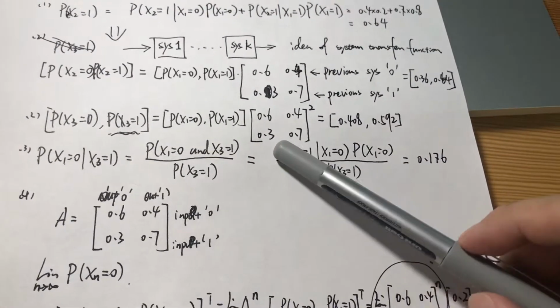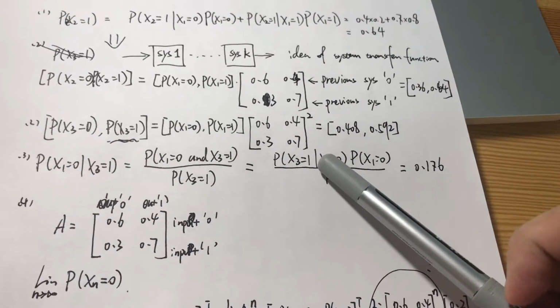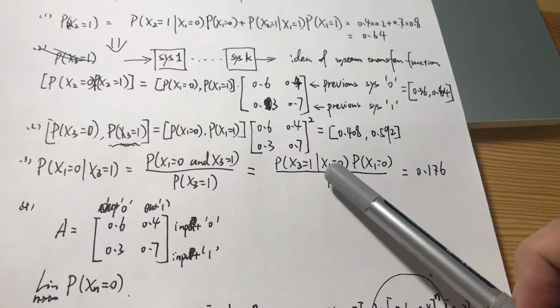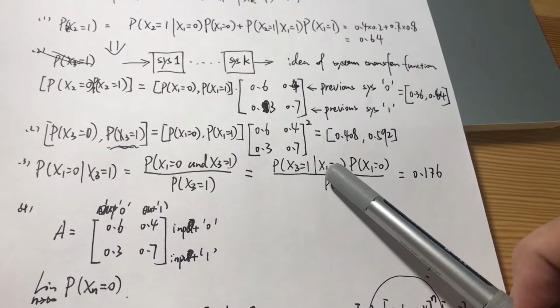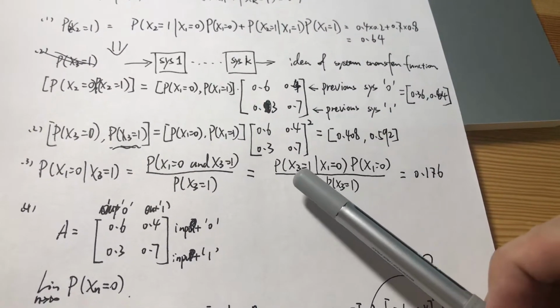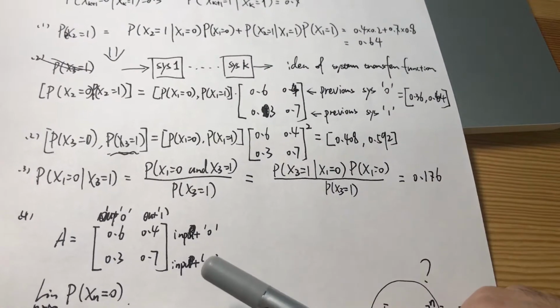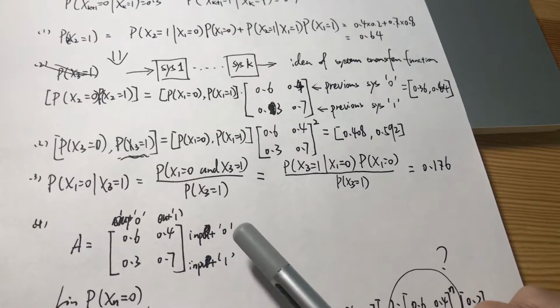So here the initial signal is x1 equals 0, and this one goes to x3 equals 1.